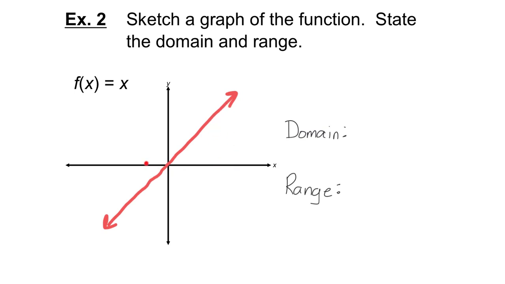It can even be negative because regardless of where we go on the x-axis, we can find a corresponding value of y. So x can be 0, it can be positive, it can be negative, it can be whole numbers, integers, fractions, it can even be irrational numbers like pi. If we found pi on the number line here, we could find a corresponding value of y. x can be any real number.